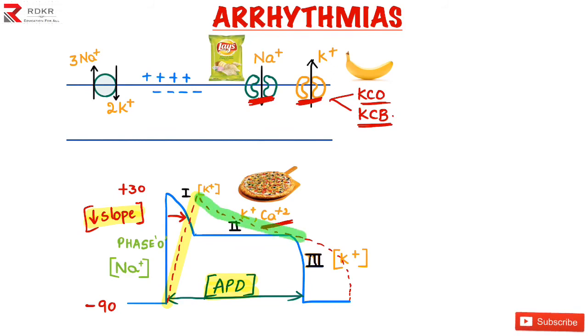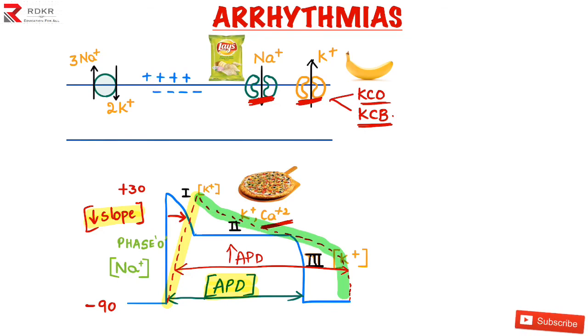There will be an increase in the action potential duration. You can observe in this image that from here up to here, what happened? This is the action potential duration. So here the action potential is increased because of blocking the potassium channels. If your potassium channel is blocked, this repolarization which is occurring in the green one will be slowed down. Due to this, there will be an increase in the action potential duration.